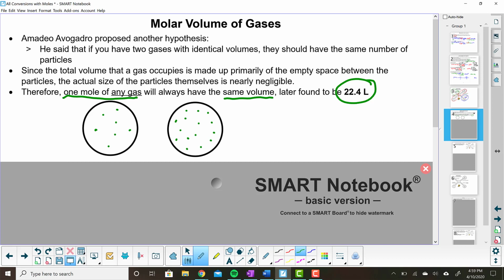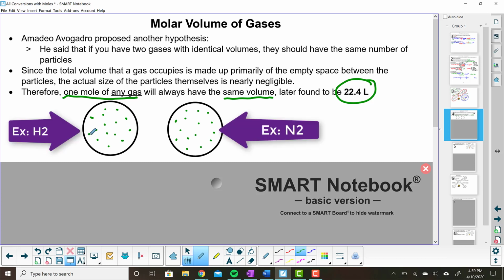So same number of particles, same number of moles, same volume. That's what he argued.